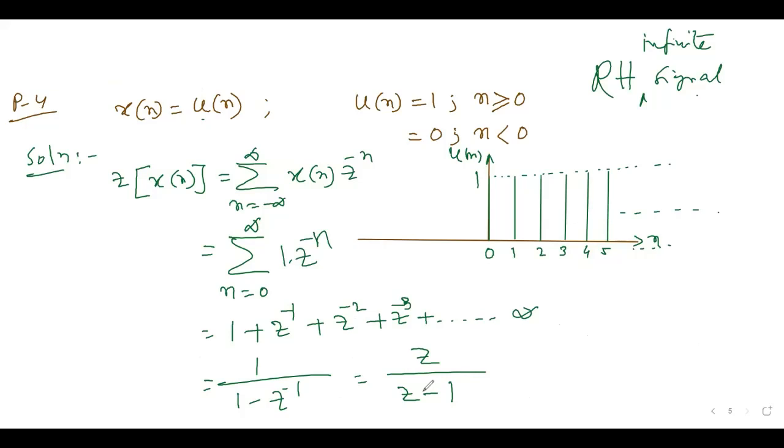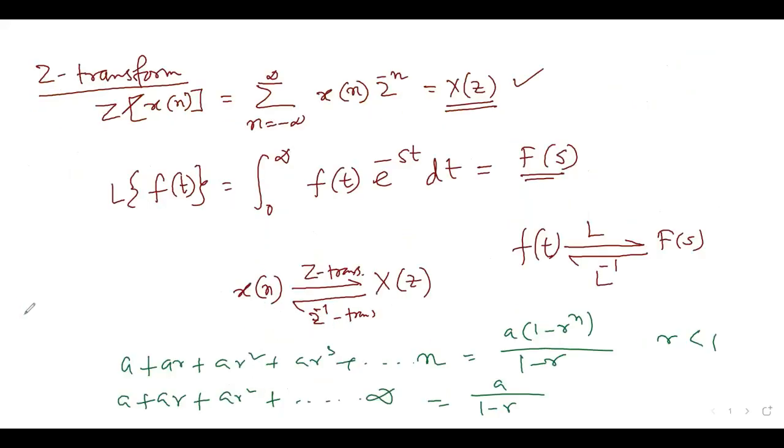And what is the ROC? I told you the ROC last time; do you remember? The ROC is z greater than 1. How did it come? The mod of z to the power minus 1 should be less than 1. You studied this series in class 11 and 12: 1 plus x plus x square plus x cube equals 1 minus x to the power minus 1, when mod of x is less than 1.